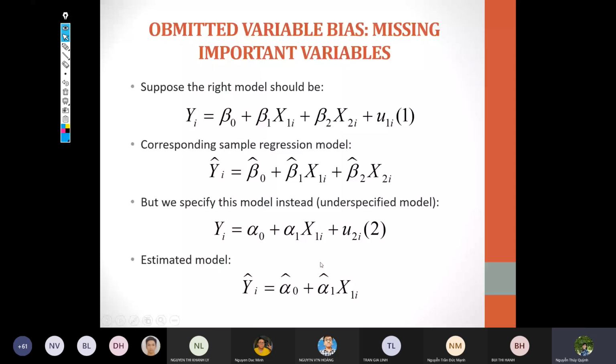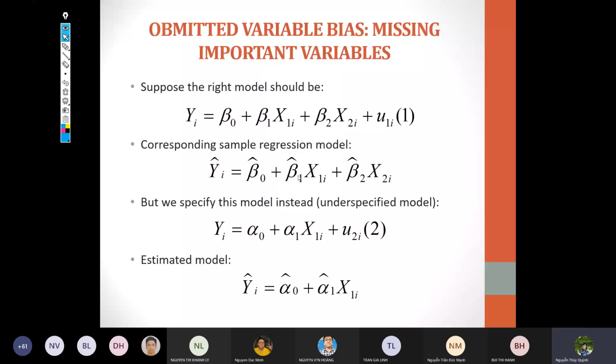Remember that beta 1 hat is the unbiased estimated effect of x1 on y. If alpha 1 hat equals beta 1 hat, then alpha 1 hat will be the best unbiased estimate of beta 1, the effect of x1 on y.